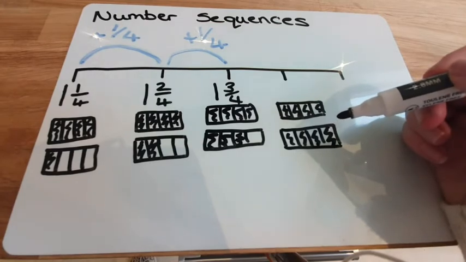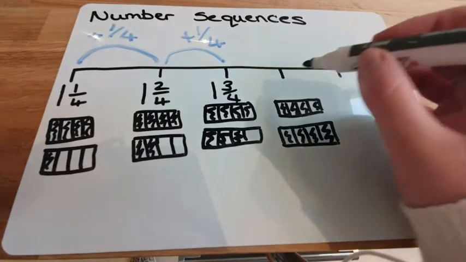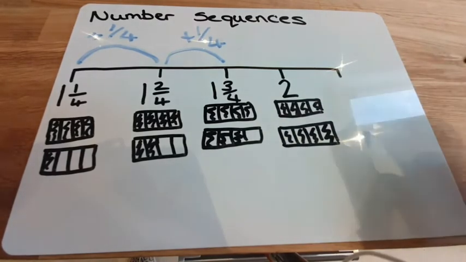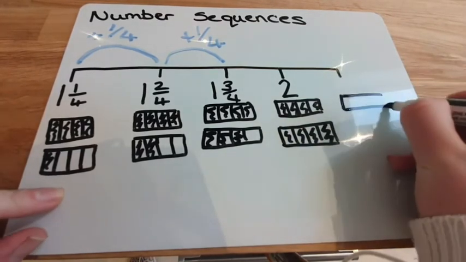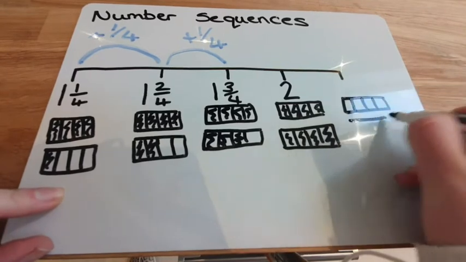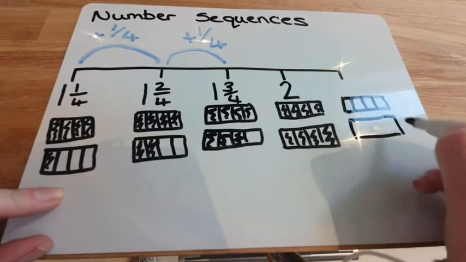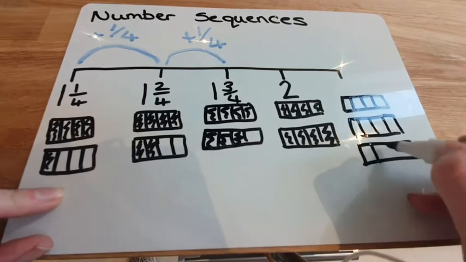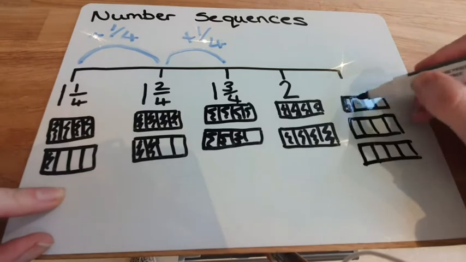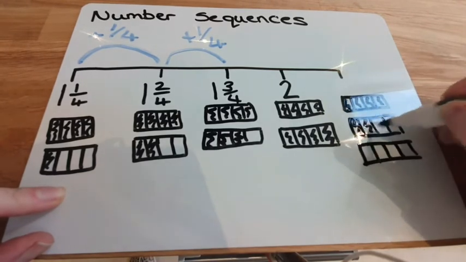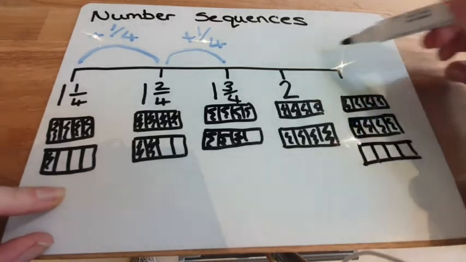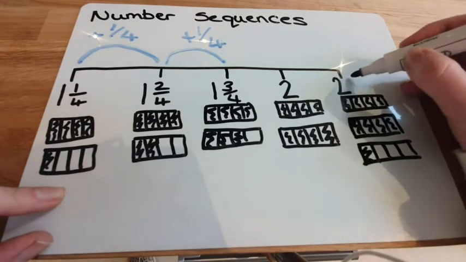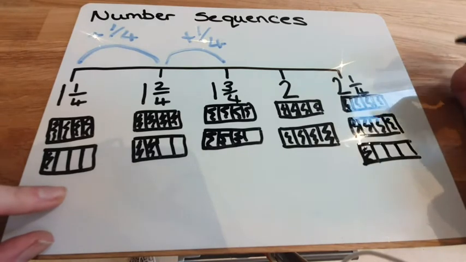Do we write that like that? No, we don't. We write it as 2 whole numbers because we've got 2 wholes, and then we'll add another quarter. So we've got 2 wholes already. Then we jump and add another quarter, which leaves us with 2 wholes and 1/4. Okay.